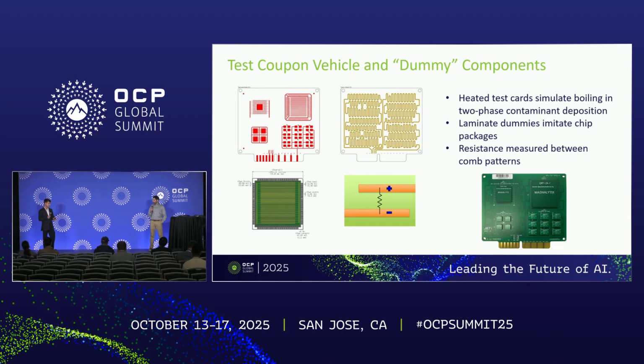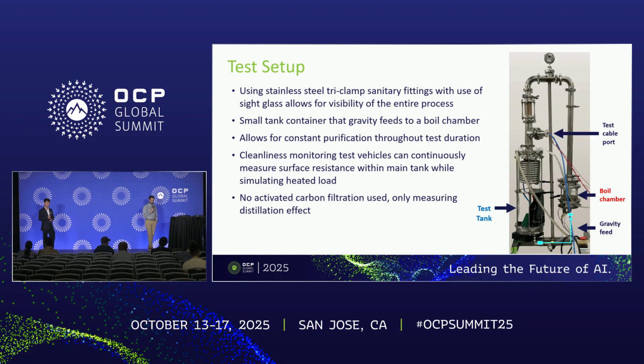And for our tank setup, we used a series of stainless steel sanitary fittings that consisted of a large sight glass for our main test tank, and it had an integrated cooling coil, a smaller sight glass with a 200-watt heater to facilitate the boiling, and we had a series of connections to provide a closed-loop circulation of the fluid between the two chambers.